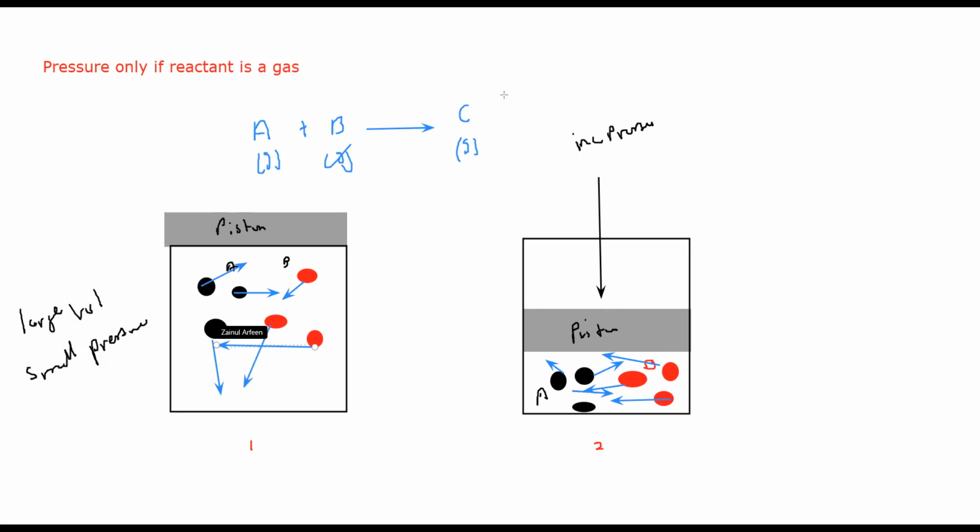So if we have a larger volume or small pressure, there is less collision between the molecules.